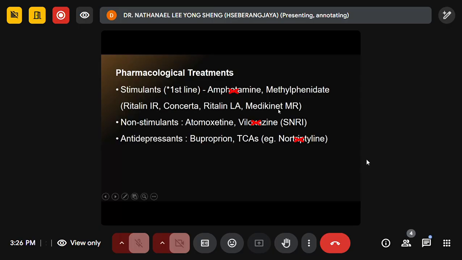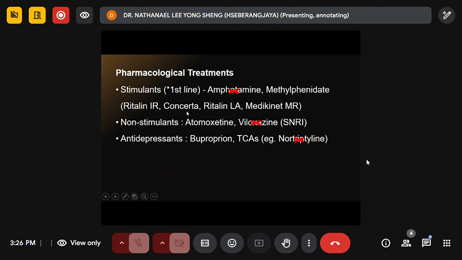Medikinate acts similarly to Ritalin LA. Actually, each of them has a different duration of action. Like for Ritalin, as it is immediate acting, it only works for 4 to 6 hours. Hence, you need to prescribe it in BD dosing.